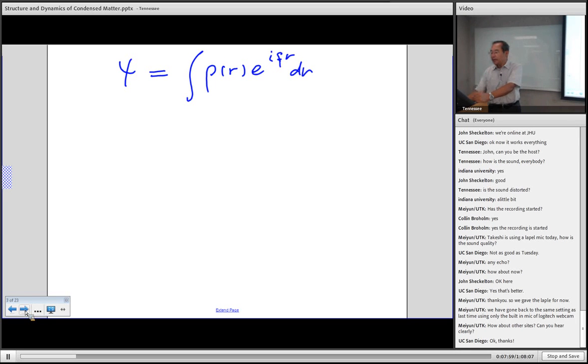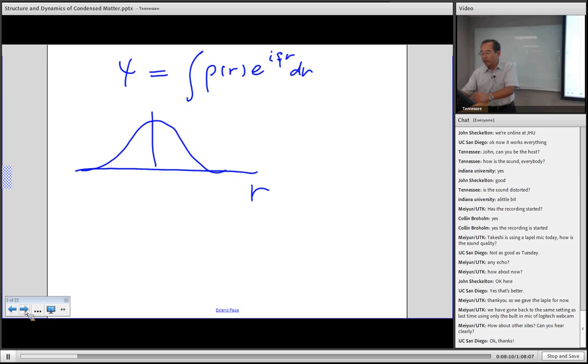So let's start with a case where the density in real space, rho bar, is Gaussian. It's just an example. No real objects are really Gaussian, but if you have some kind of molecule, you can describe this density in terms of a Gaussian curve, right?